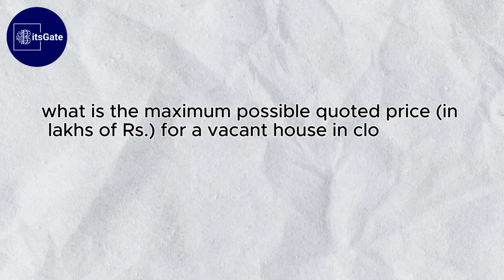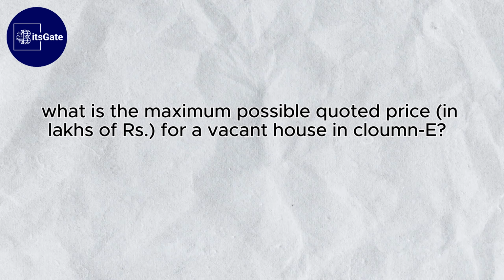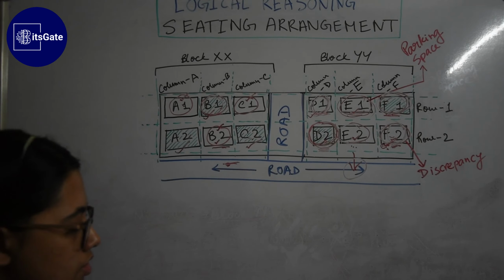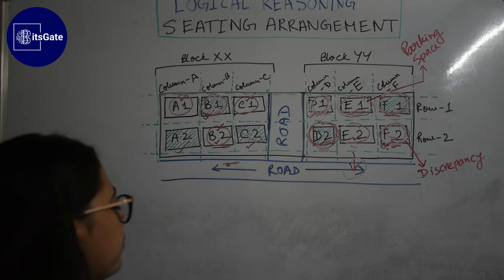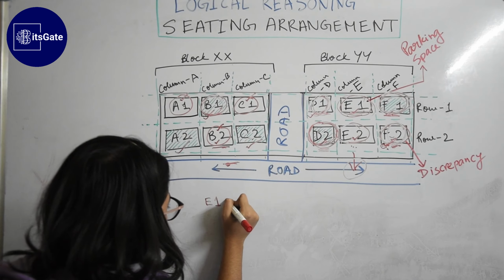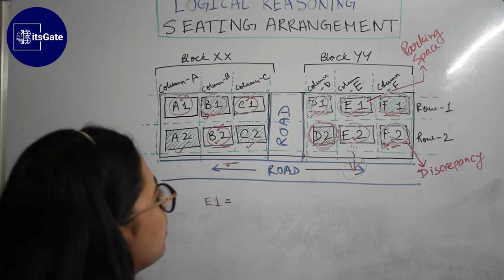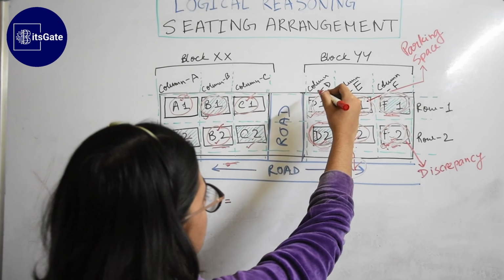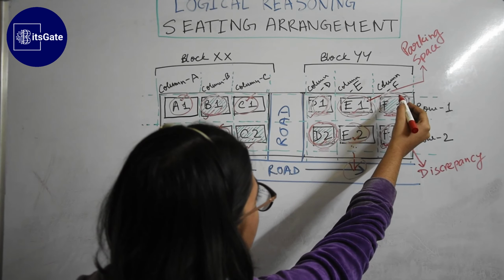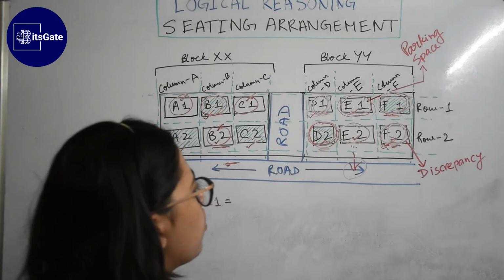Next, what is the maximum possible quoted price in lakhs of rupees for a vacant house in column E? Let's compute the maximum prices for E1 and E2. For E1, we have D1 vacant, E2 vacant, and F1 occupied.